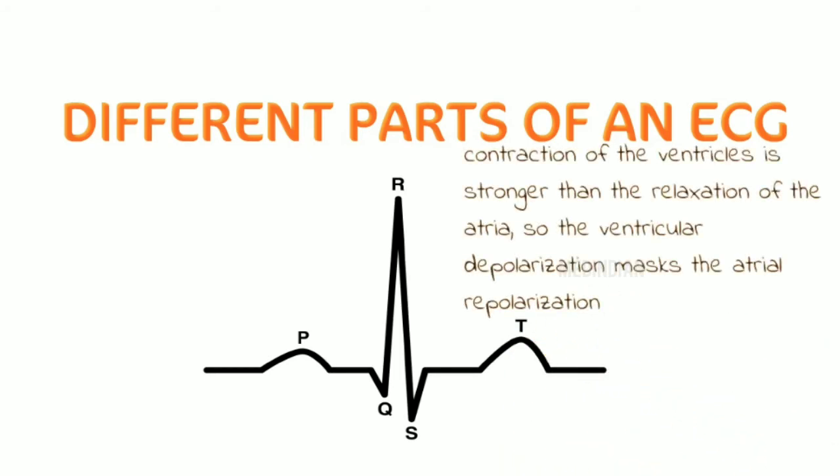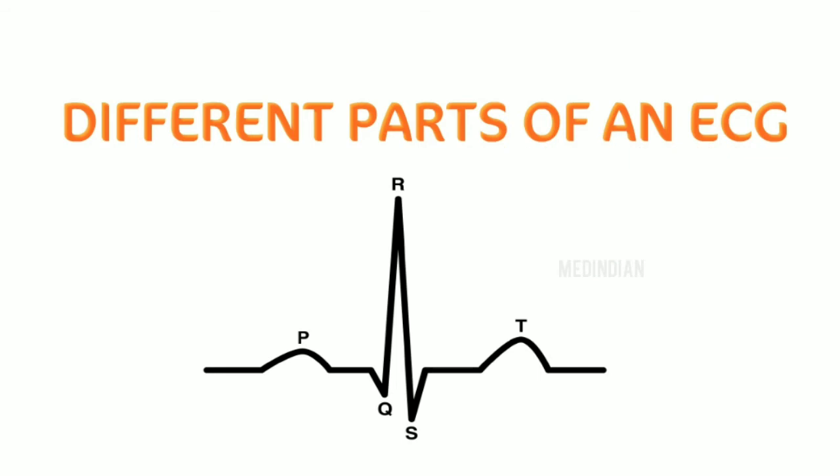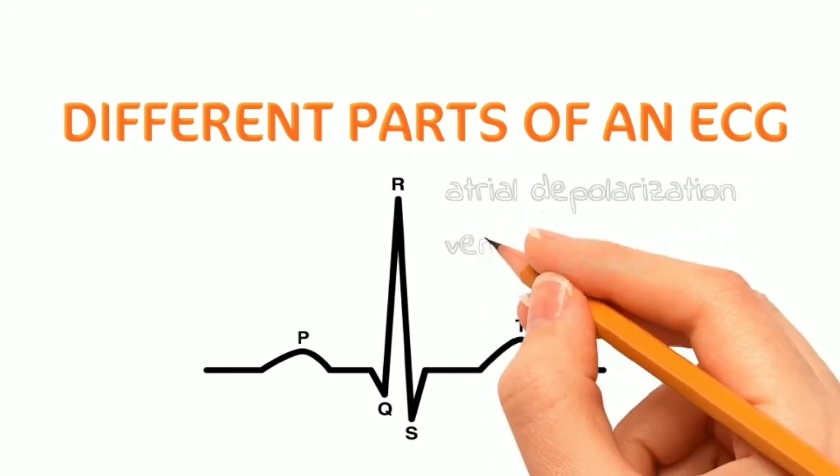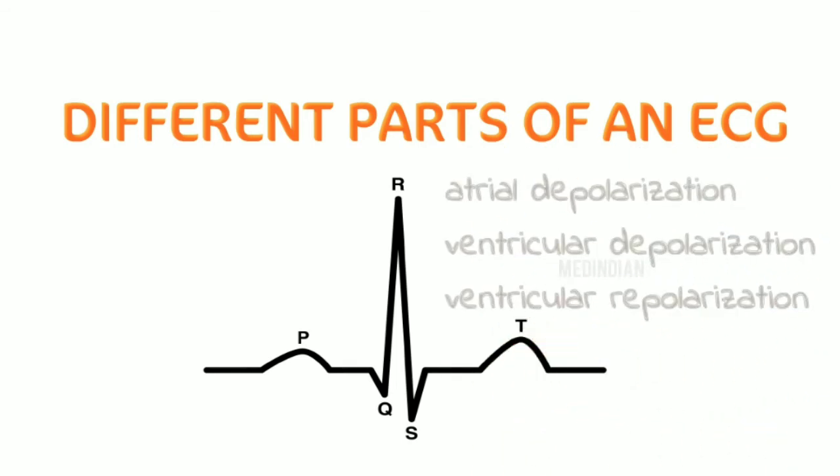Hence, atrial repolarization can be found after the P wave within the QRS complex. So let's sum up. We have the P wave representing atrial depolarization, the QRS complex representing ventricular depolarization, the T wave representing ventricular repolarization, and atrial repolarization, we have it within the QRS complex.